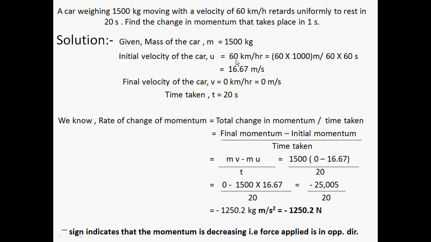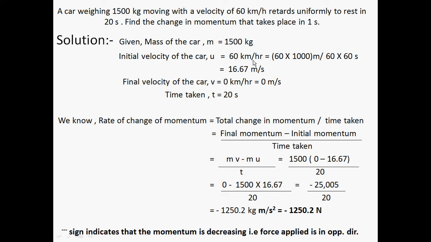Before that, let's convert the initial velocity and the final velocity into meter per second, because the unit for momentum is kg meter per second. It can't be kg kilometer per hour, it will become absurd, but it should be kg meter per second, as I told you earlier.